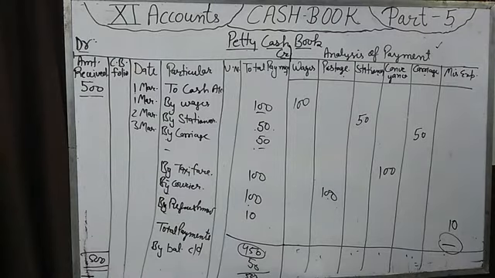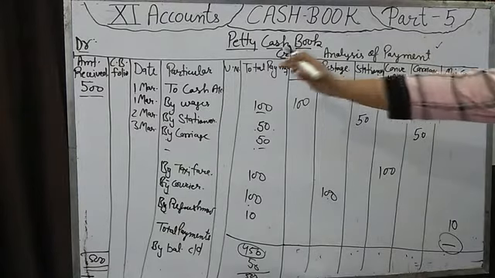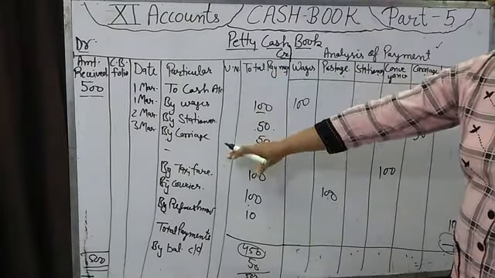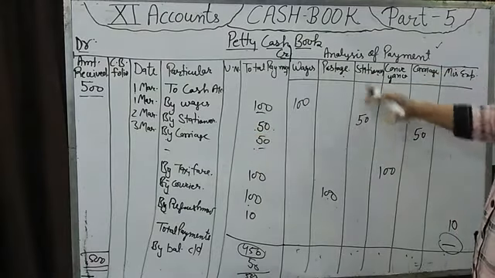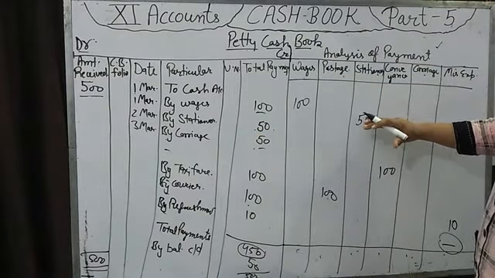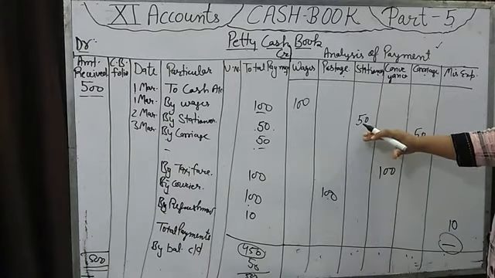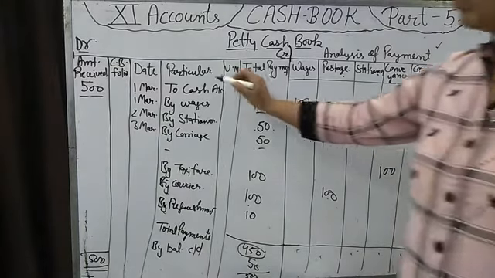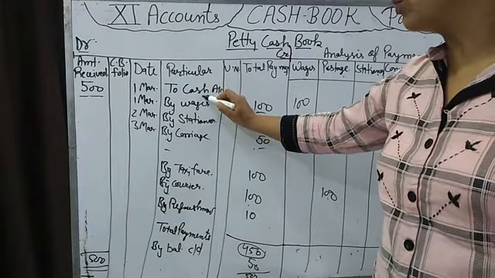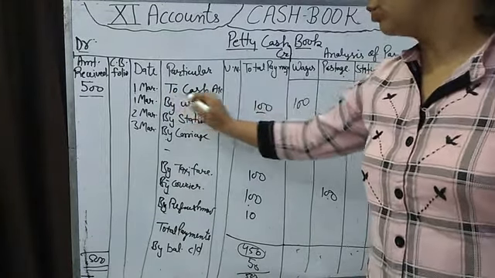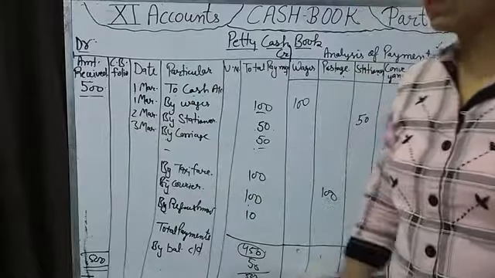Fine. So this is the format of the petty cash book. 2 parts are there. One is for recording receipt and payment, and the second part is for the analysis of payment, that is, for which category we have paid. One column is for particulars. The first entry of every petty cash book is of receipt, to cash account, how much money we have received.